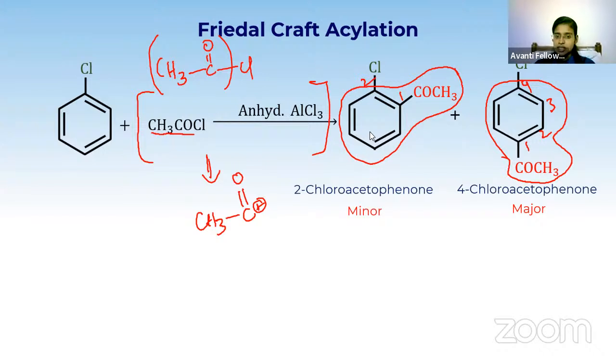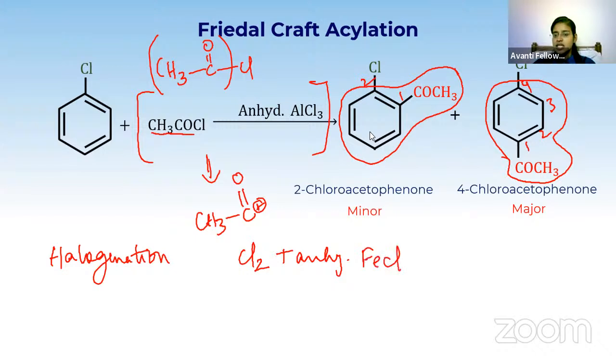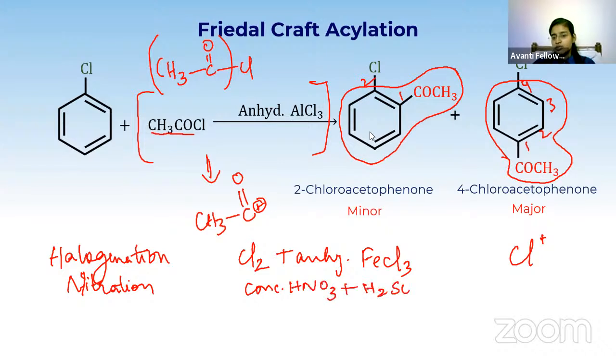Okay, let me summarize. In the halogenation reaction, who is the halogenating mixture? Cl2 and anhydrous FeCl3. And from this, we have got Cl+ as an electrophile. In case of nitration, we have used concentrated HNO3 and concentrated H2SO4, and the electrophile generated is NO2+.